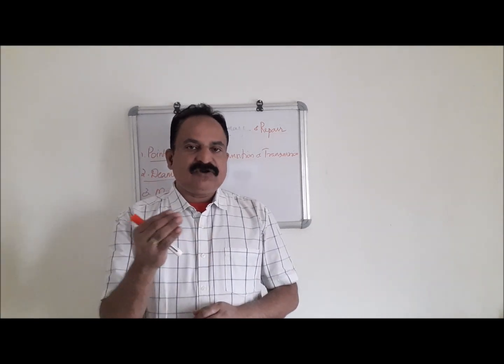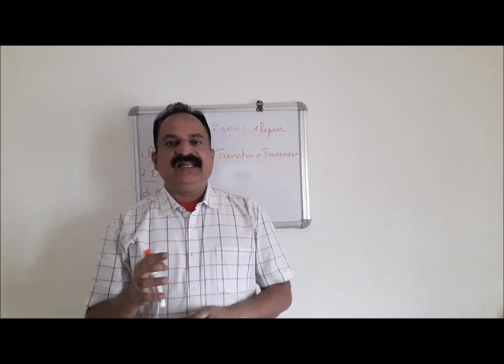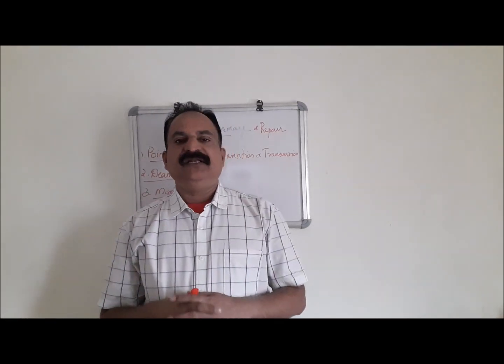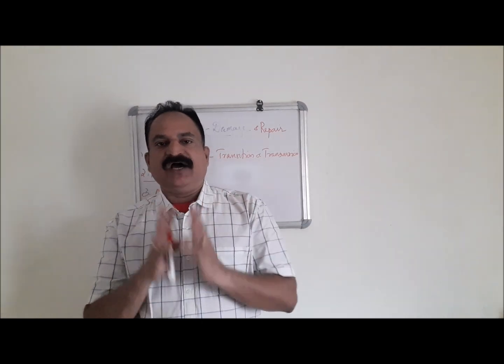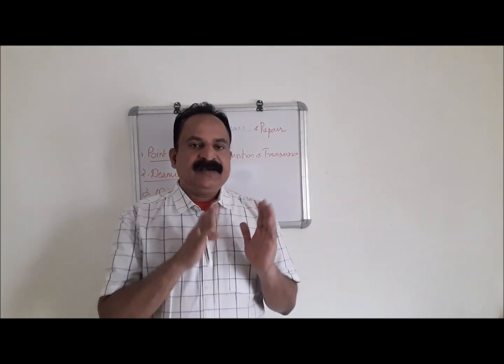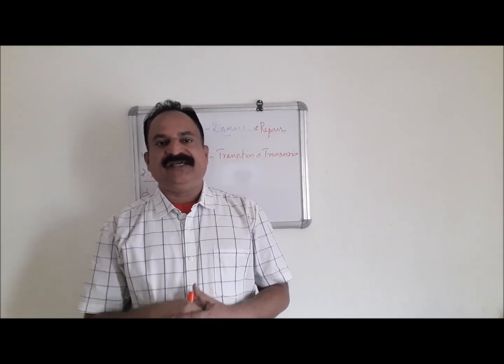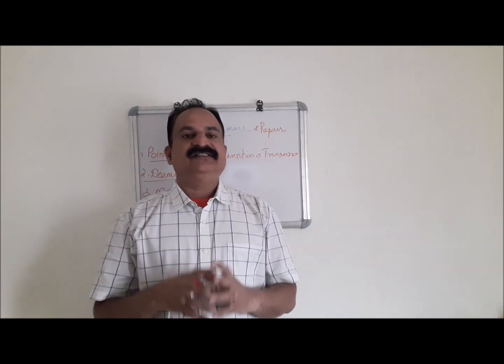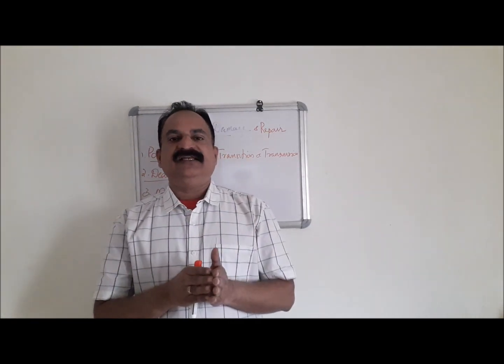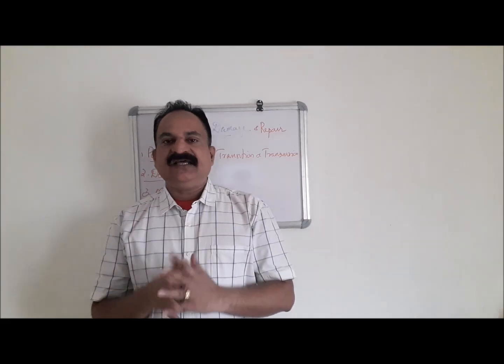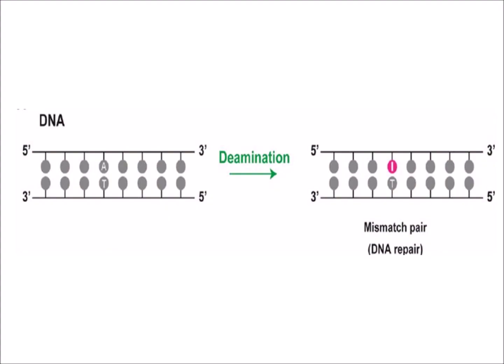As uracil is not present in DNA, adenine base pairs with thymine. Therefore, the cytosine-guanine pair is replaced by a thymine-adenine pair in the next replication cycle. Similarly, hypoxanthine results from adenine deamination. This representation shows the deamination of DNA leading to a mismatch pair.